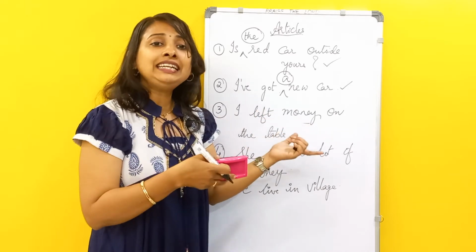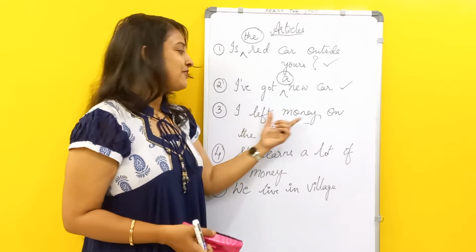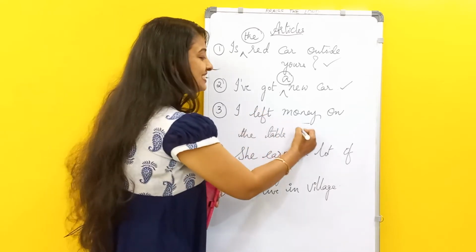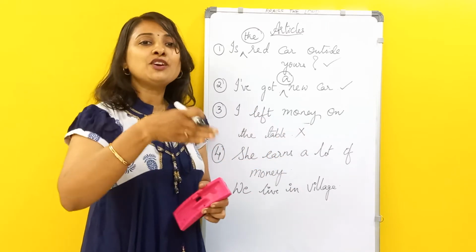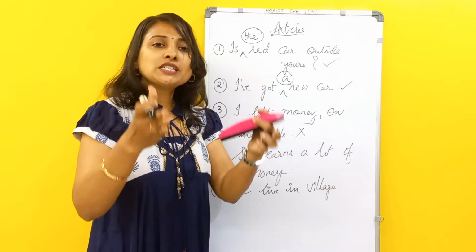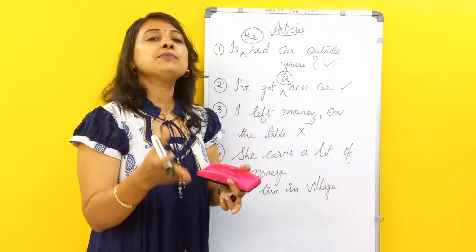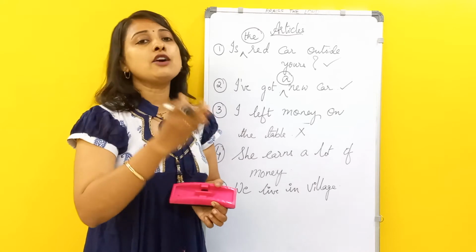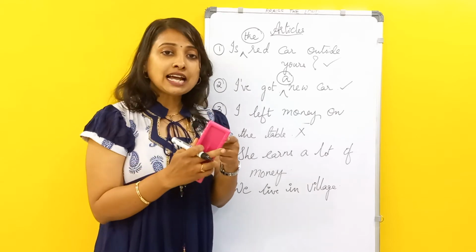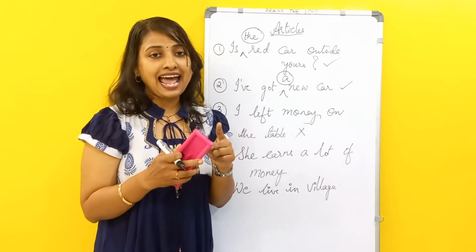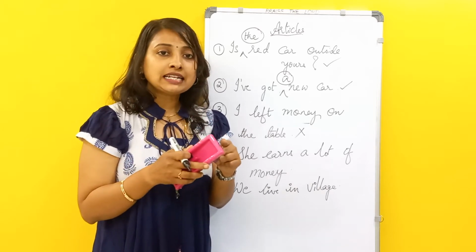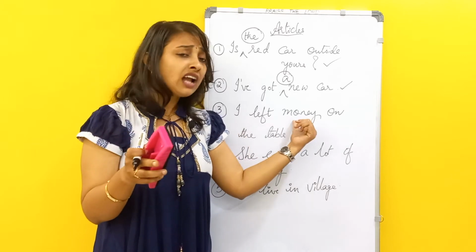But we know the specific money. I said I left money on the table. Where is the missing word? Like this it is wrong. The money means that is my money. I know that. It is specified. When you know something, you have to use the in front of an uncountable noun even, because we have seen yesterday that only indefinite articles a and an are not used with uncountable nouns.